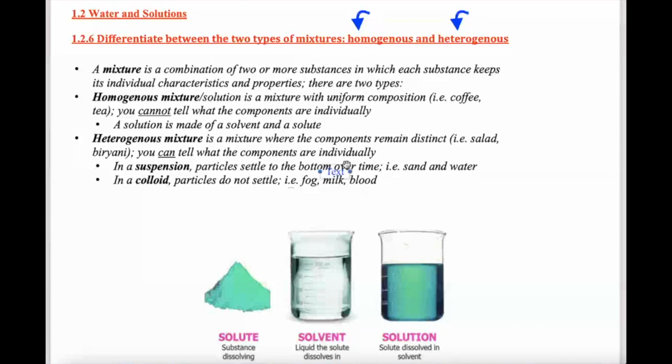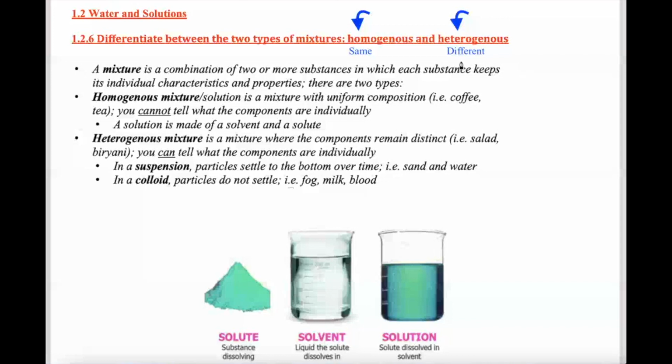When you mix them and you get a final thing which looks like one, it is called homo. And if you mix some items and when you finish mixing, you can still see different things suspended or different particles moving in it, that is heterogeneous.